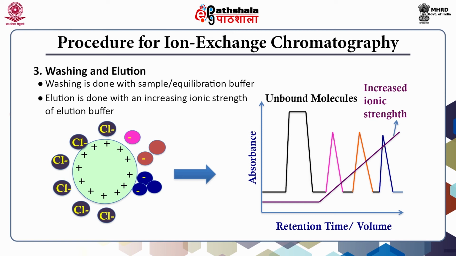So, overall, the right side picture represents the chromatogram of one ion exchange chromatography experiment showing three different kinds of pure molecules that are eluted out of the ion exchange chromatography column.